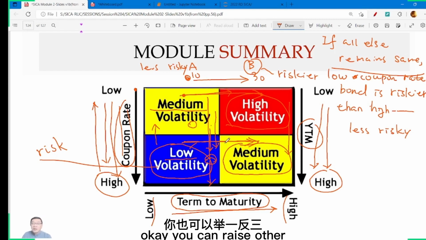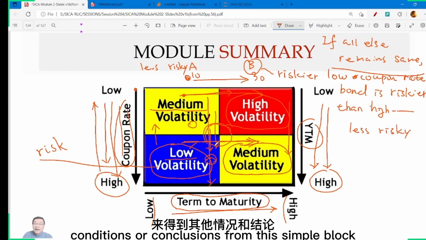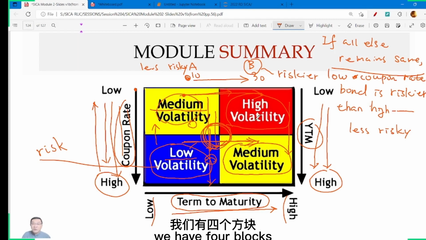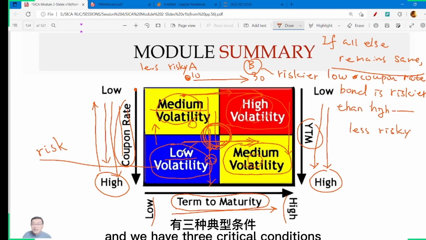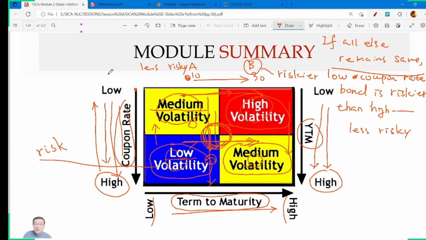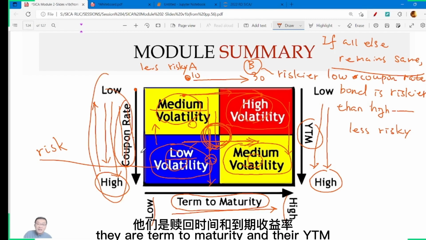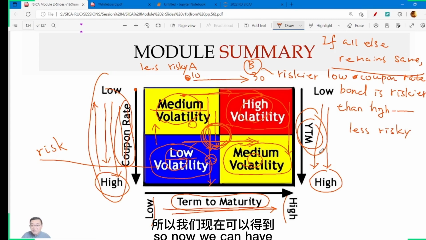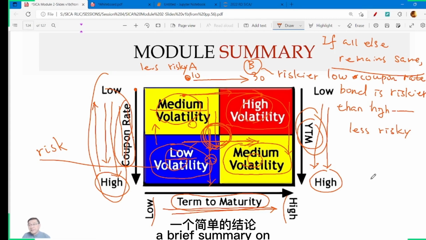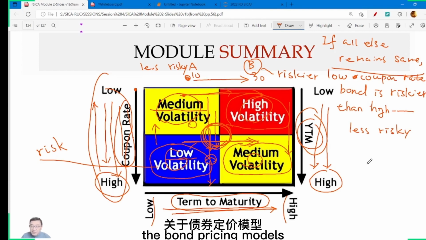You can raise other conditions or conclusions from this simple graph. We have 4 blocks and we have 3 critical conditions. They are coupon rate, term to maturity, and YTM. So now we can have a brief summary of the bond pricing models.